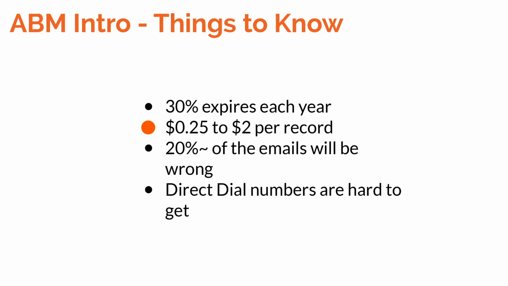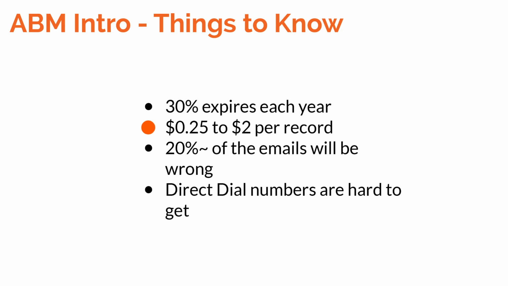So if you're getting very generic data, let's say from ZoomInfo, from LinkedIn, or just Google searches, you can get as low as 25 cents, but you're really getting first name, last name, who they work for. You might or might not get an email. You're definitely not getting a direct dial. So there's ways that you can gather that, and you're getting maybe 5 columns of information per each contact or per each company.